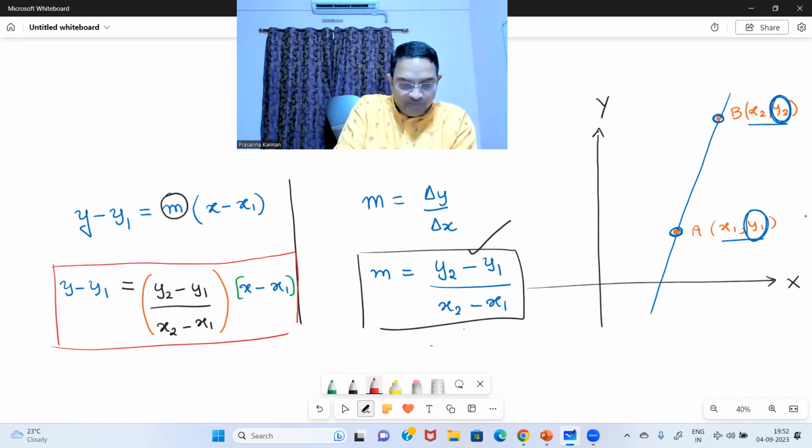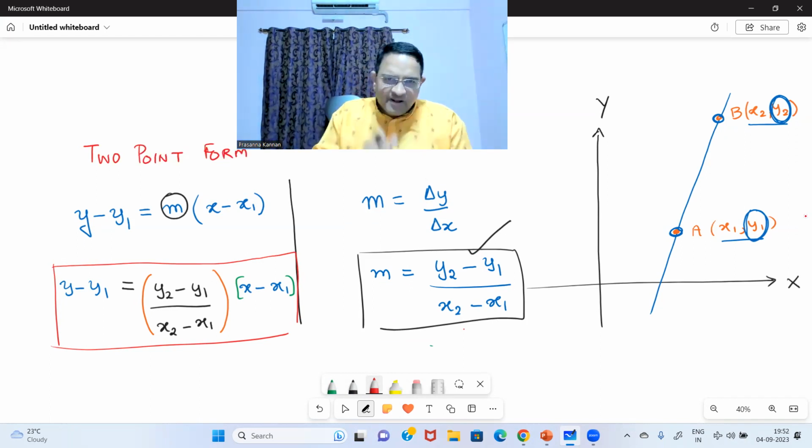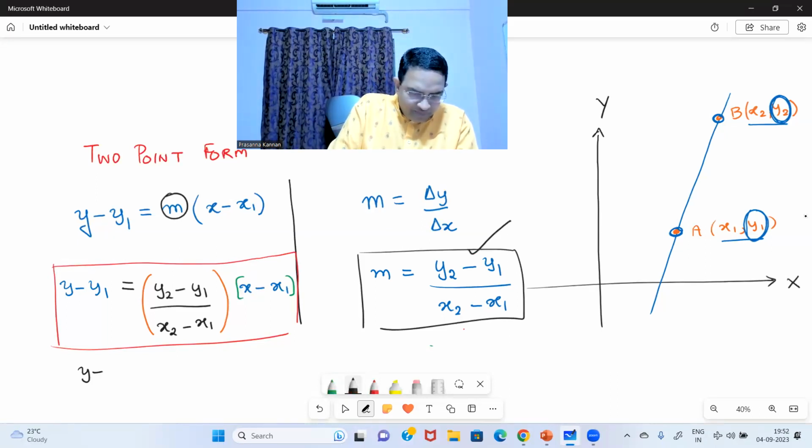When I say 2-point form, this is what is given in your textbook as well, and this is what is commonly known. Or a simple rearrangement of this gets it in the conventional form. Just bring this down.